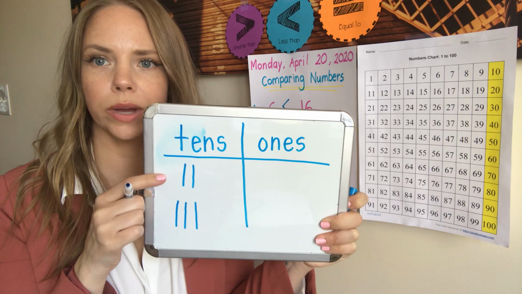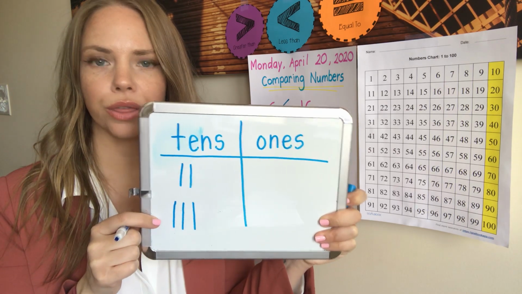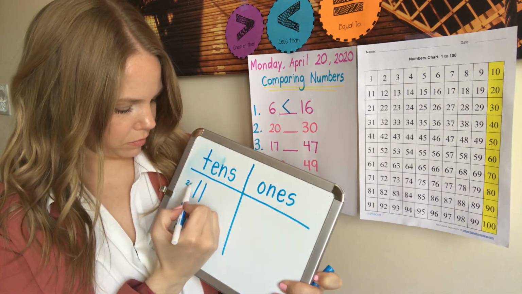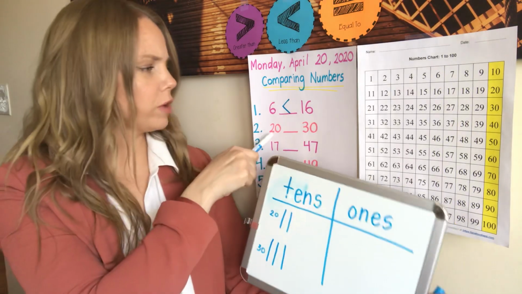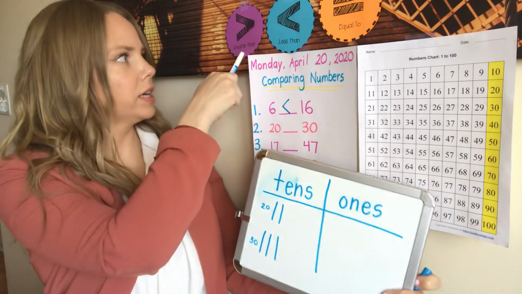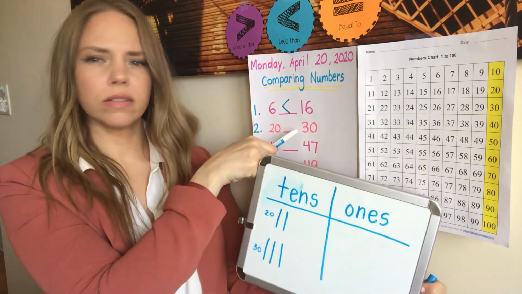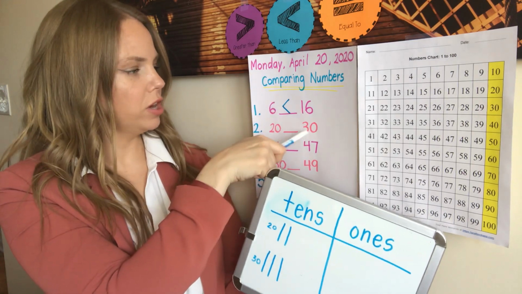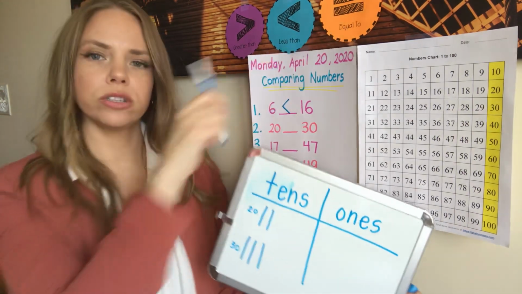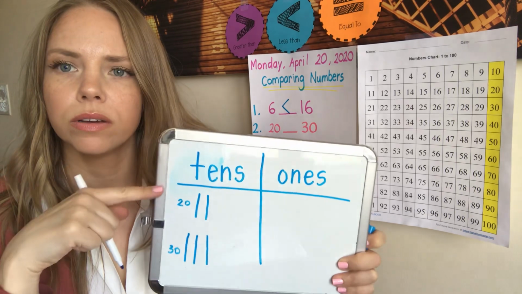Okay, here's 20, here's 30. So do you think we should write 20 is greater than 30? 20 is less than 30? Or 20 is equal to 30? What do you think?